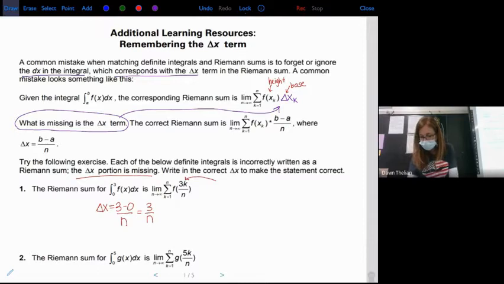The x sub k is a plus delta x times k. So delta x is always going to show up in the parentheses as well, so you might be able to find it there. So this one is missing another 3 over n multiplied.